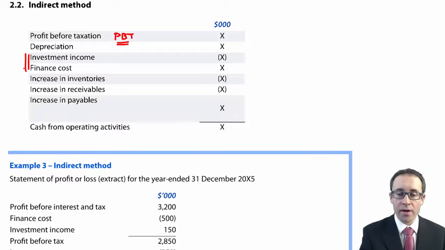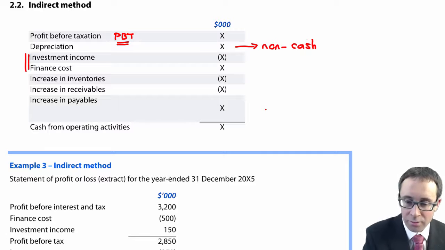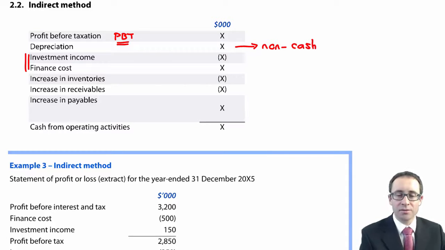Okay, the other thing that you've then got to deal with are any non-cash items. The prime example that you have there usually is depreciation. There could be other non-cash items such as amortization, profit or losses on disposal of PPE. But for now, we're just going to worry about depreciation. It's a non-cash entry, isn't it?